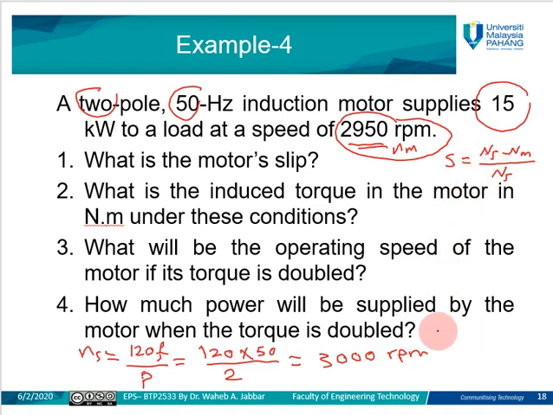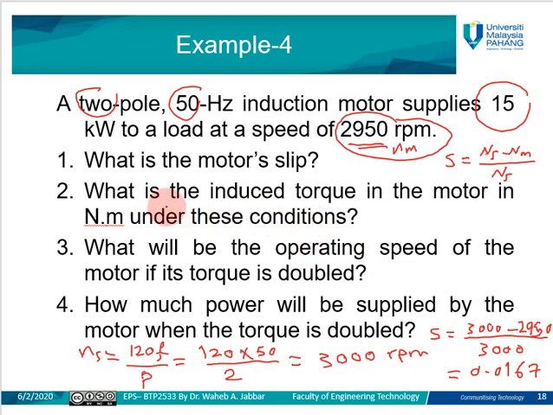So the value of S will equal 3000 minus the value of NM, which is 2950, over 3000. It gives you the value of S, which is equal to 0.0167 or 1.67%. This is the first question of this example.